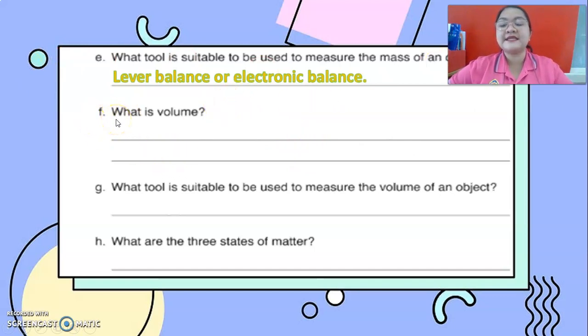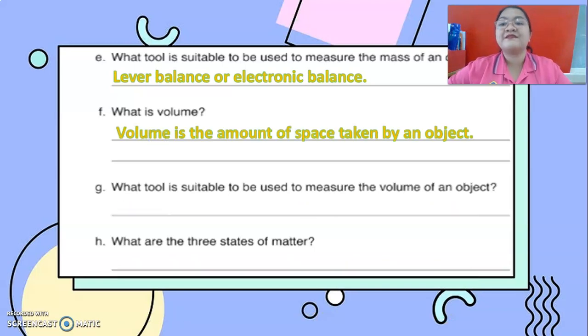Next. What is volume? 5, 4, 3, 2, 1. Very good. Volume is the amount of space taken by an object. Letter G. What tool is suitable to be used to measure the volume of an object?